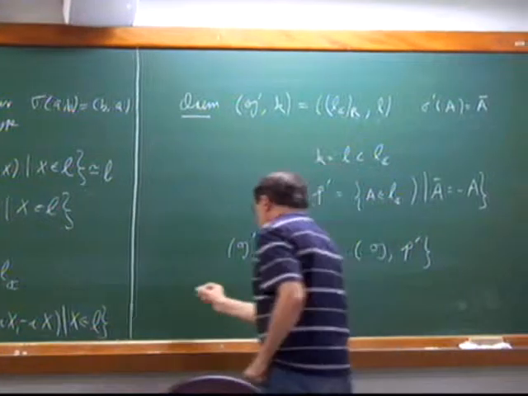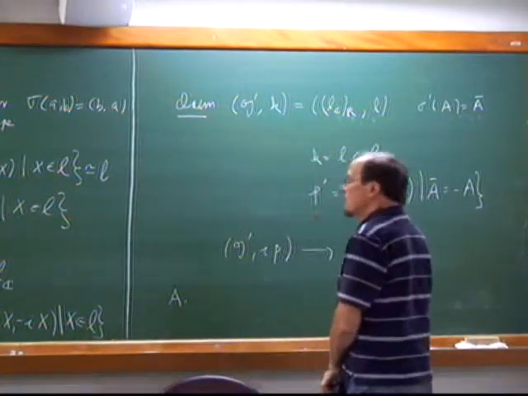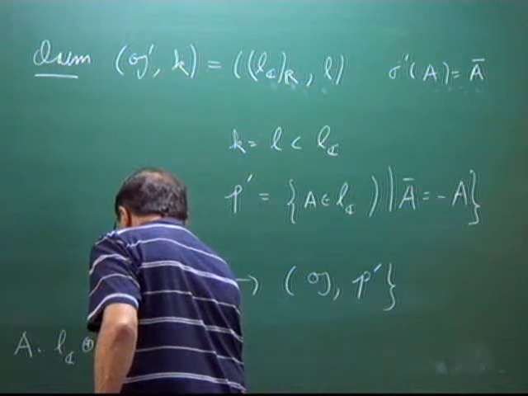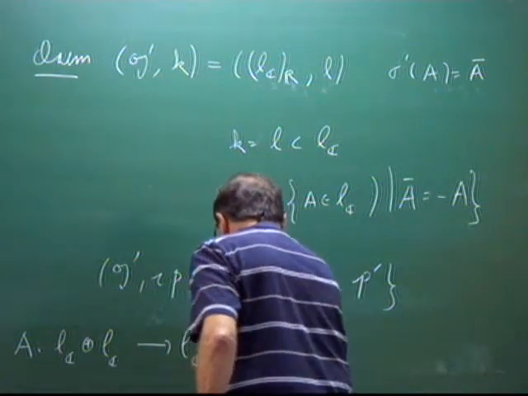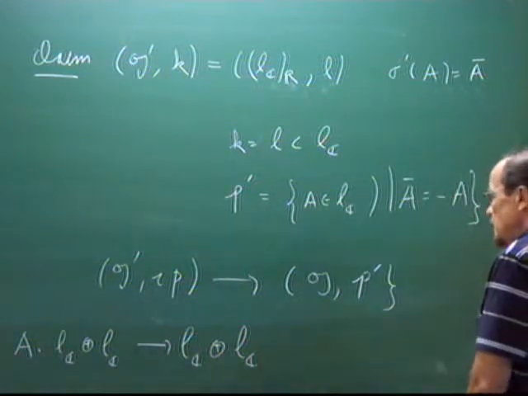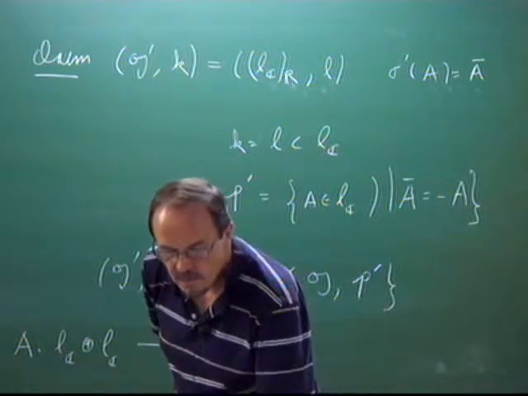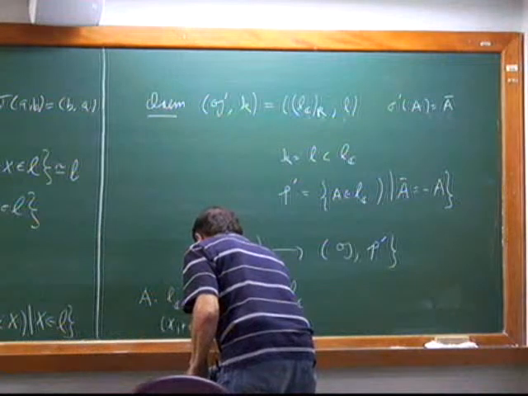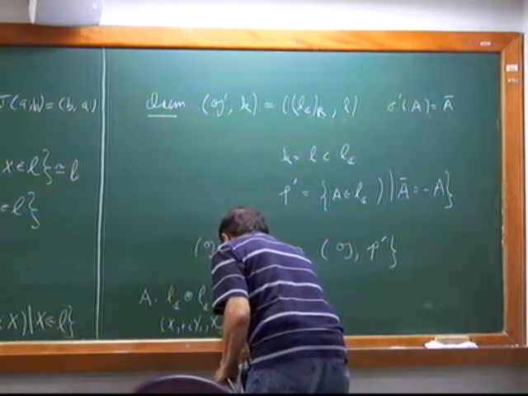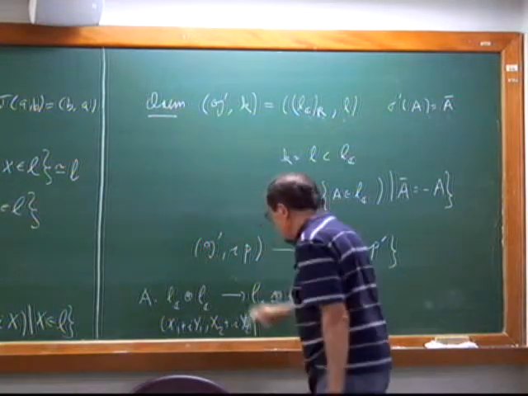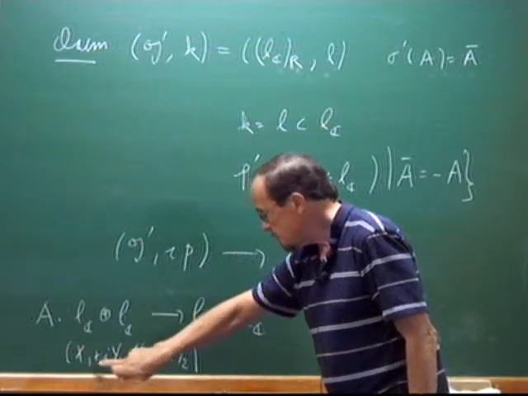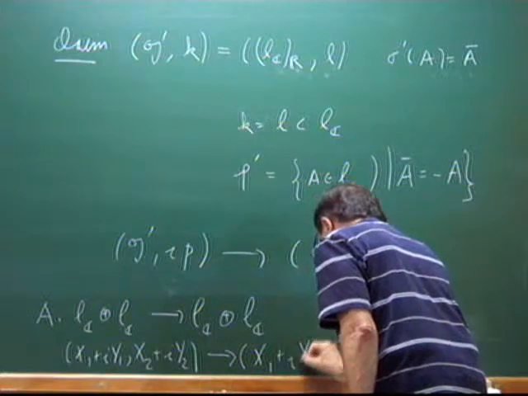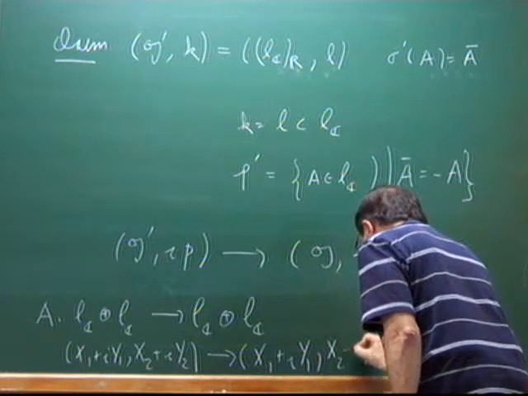For this I take an automorphism A from LC plus LC into itself, which takes x1 plus iy1, x2 plus iy2, where everything in here is a real plus I times something real, into x1 plus iy1, x2 minus iy2.